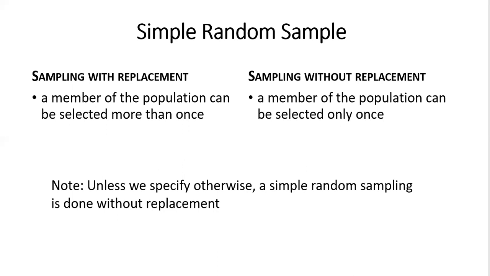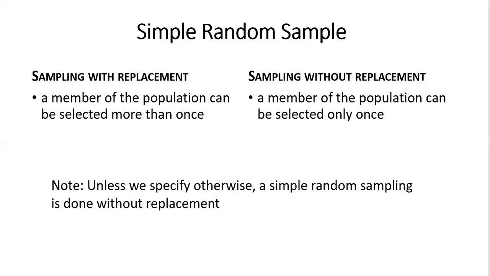I'm pulling out one piece of paper out of 20 possible. Now, if I set that piece of paper aside, how many do I have left? I only have 19 to select from. So the chance of any of the remaining people to be selected is 1 out of 19 now. See how that number changed from 1 out of 20 to 1 out of 19. So the result will be slightly different.